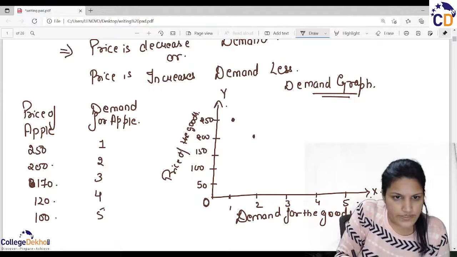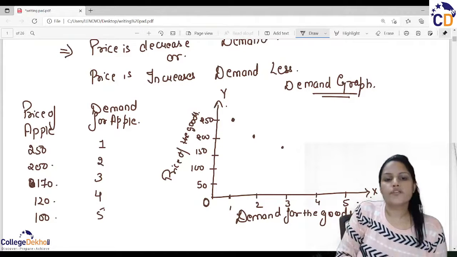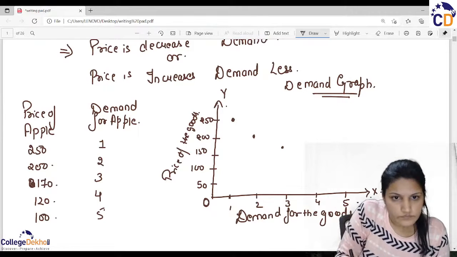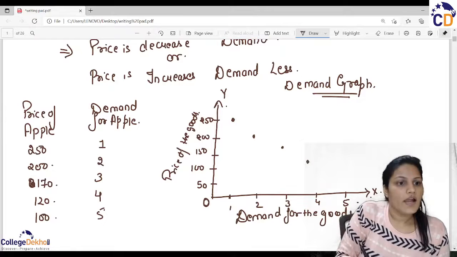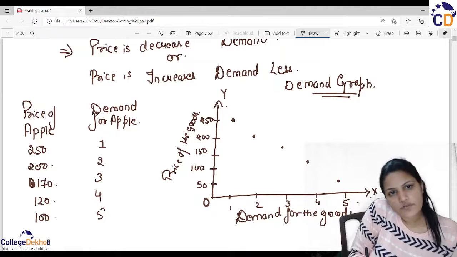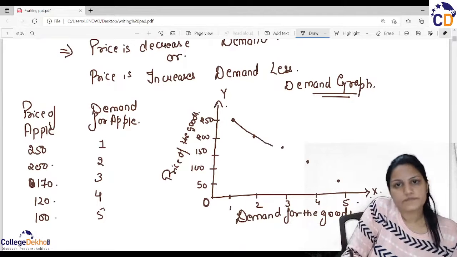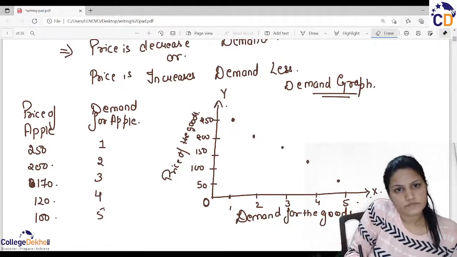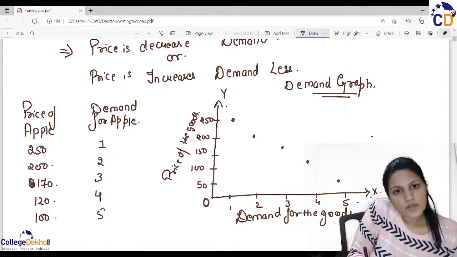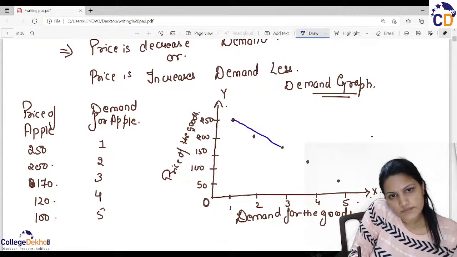So here is 170, it would be like this. At 120, we'll demand 4, and at 100, we'll demand 5 kg. So the graph would be like this.